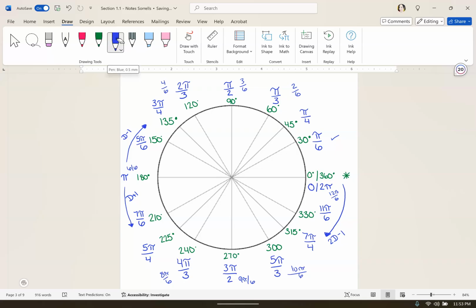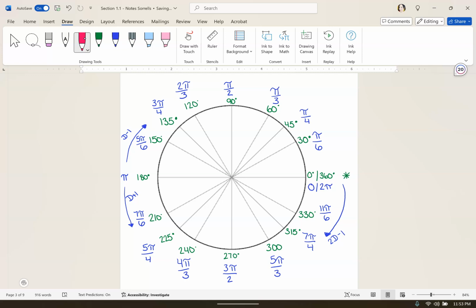Okay, so I'm going to go and erase those because it's already crazy enough on the unit circle, so I'm going to take those off. And right here. Okay, so like I said, this is the start of your unit circle. So please, please, please practice this.